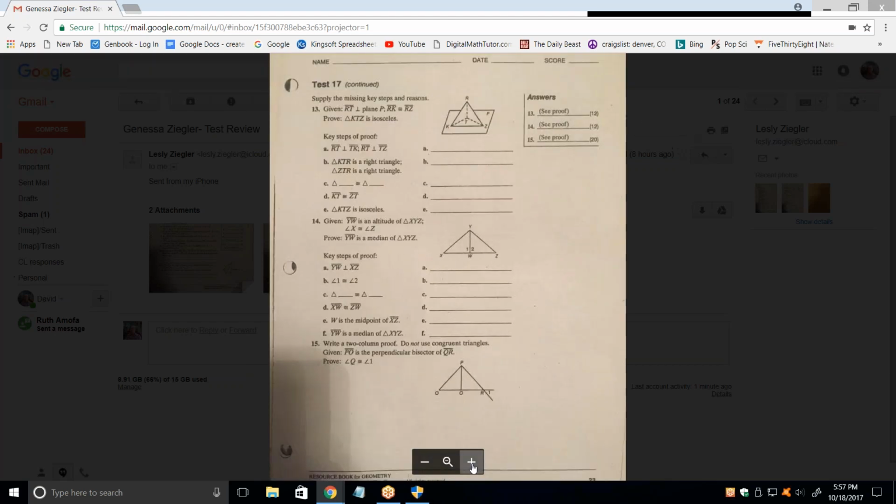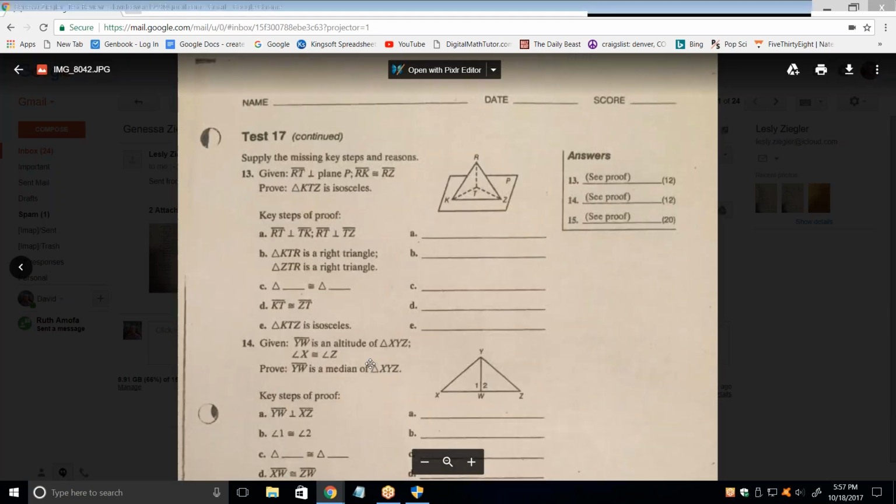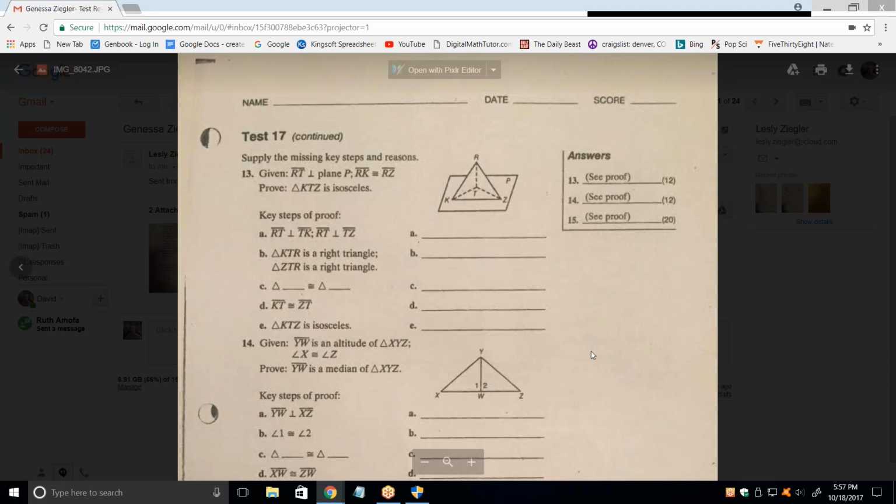Let's have a look and see if there's anything special here. Gee, we managed to not get to the proofs. So sorry. Can you do one proof?